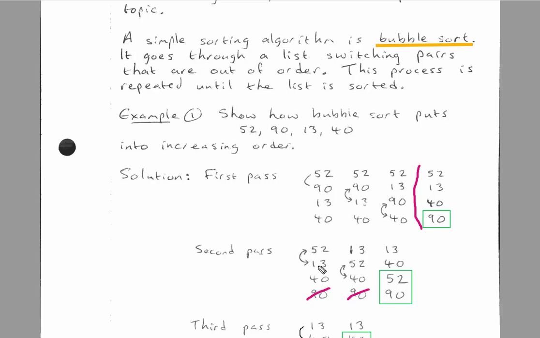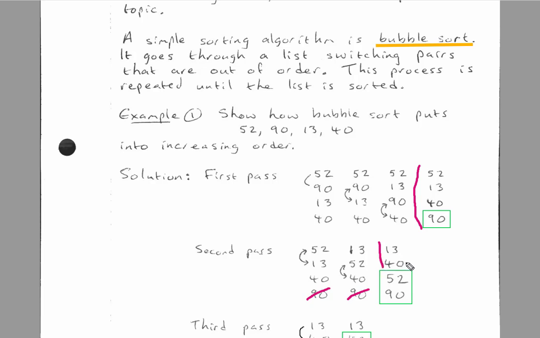So again, start with the first two. We do need to switch these. And then, we do need to switch these as well. Alright, so after the second pass, now the 52 is also in the right place. So these two are correct.